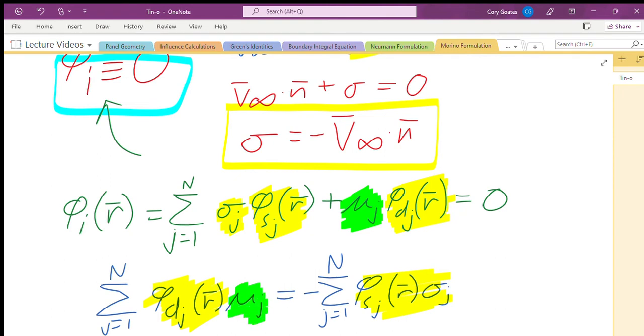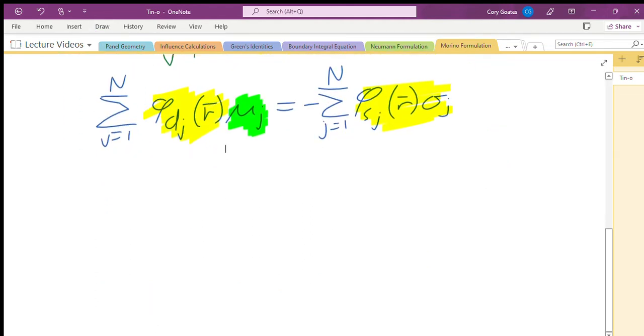So what do we have to do? We need to create a system of equations. We have n unknowns, so let's create n equations, just like we did with the previous Dirichlet formulation. Remember, the Morino formulation is a Dirichlet formulation. We're going to place a whole bunch of points inside our configuration, based on the normal vector to each panel.